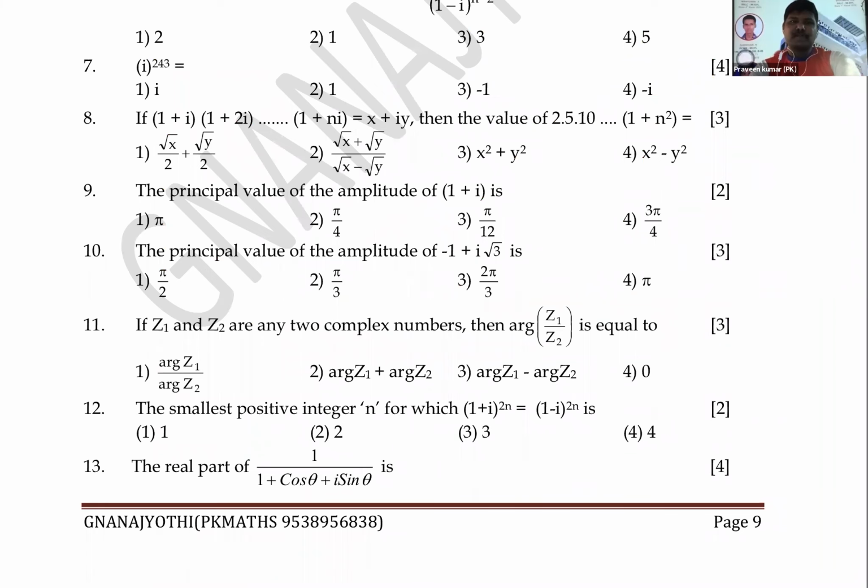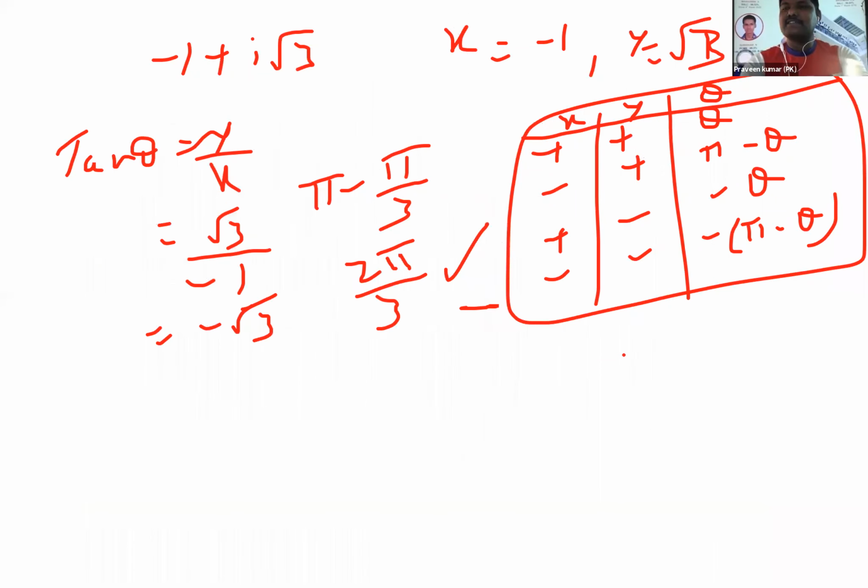If x value is negative and y value is positive, it is pi minus theta. We cannot use tan inverse here. Whether tan theta is negative or positive, leave it; you see the x value and y value. Only the table is important.